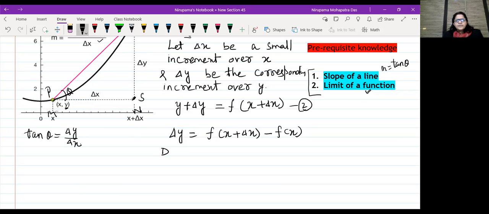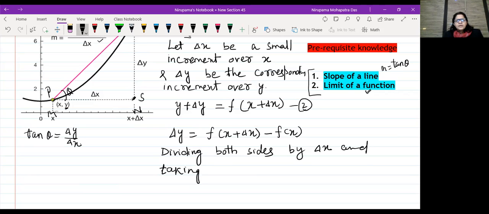Now dividing both sides by delta x and taking the limit, I am using here delta x approaches to 0.